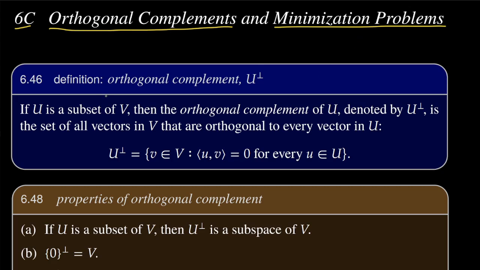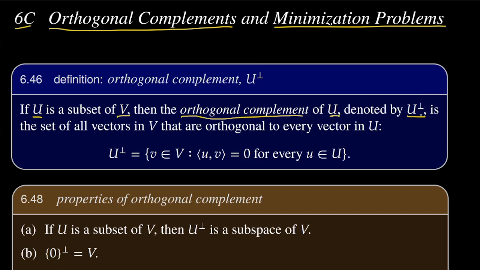It's not too bad. In fact, a lot of the section has very easy proofs. So let's do the first bit. The idea is that if you take a subset U of a vector space V with an inner product on it, so an inner product space, then the orthogonal complement of U, which we'll denote by U with this upside down T, meaning U perp, think of it like saying right angle, right?